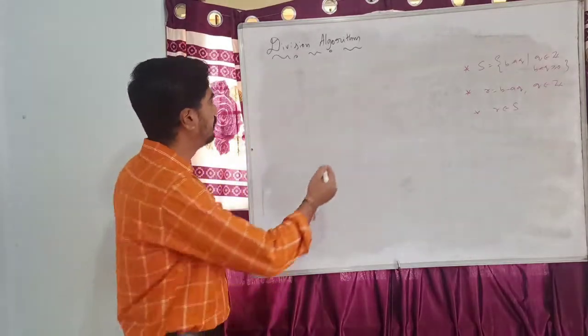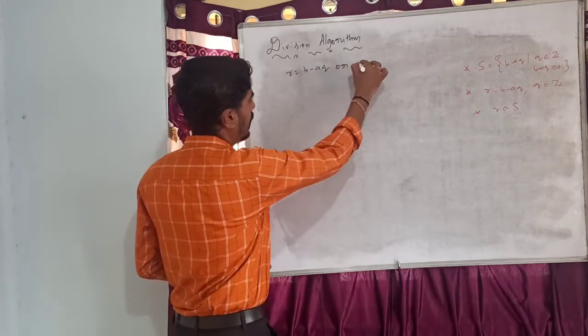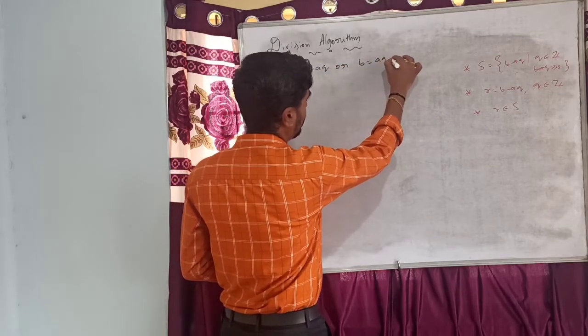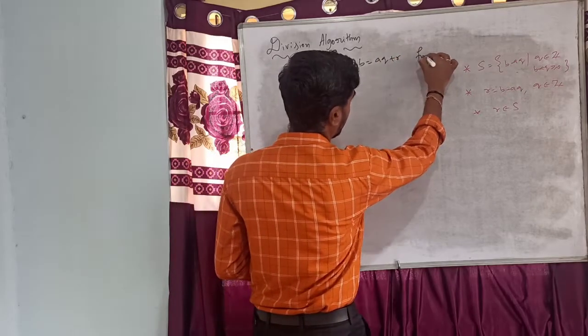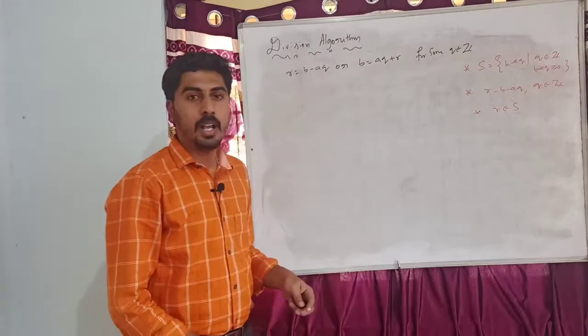So we have R equal to b minus aq, or b equal to aq plus R for some q belongs to Z.